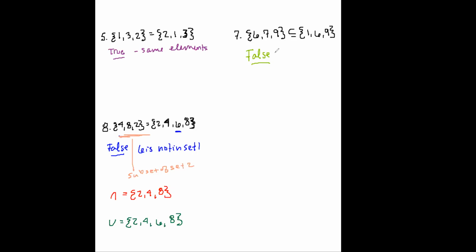More specifically, we are looking for A here is contained within B. So we would have to make sure that all of A was inside of here. And since 7 isn't, it's false. So it is false, exactly. Okay.